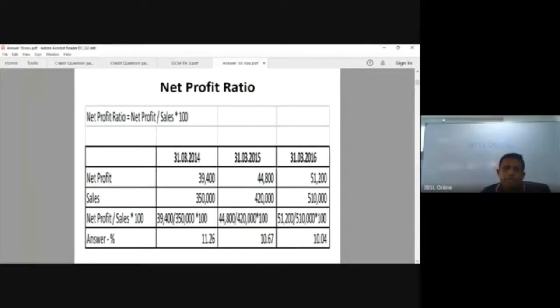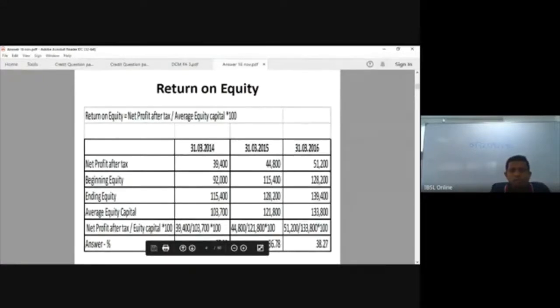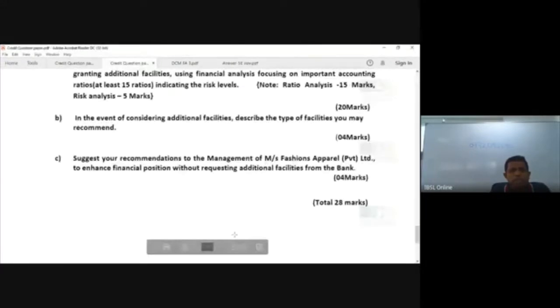Right. Then the next ratio is return on equity, where you have to take the average figures. Here, see the calculations very closely. First, you have to take the net profit after tax. There is no issue, you directly take the net profit after tax. Then beginning equity. Now here I took 92,000 for 2014. How did this 92,000 come about?